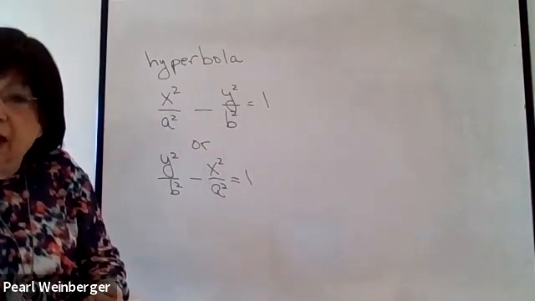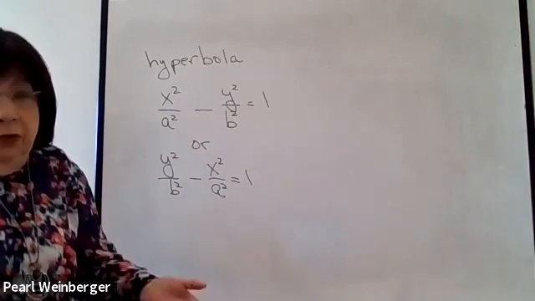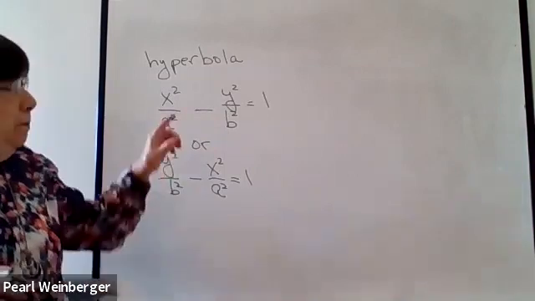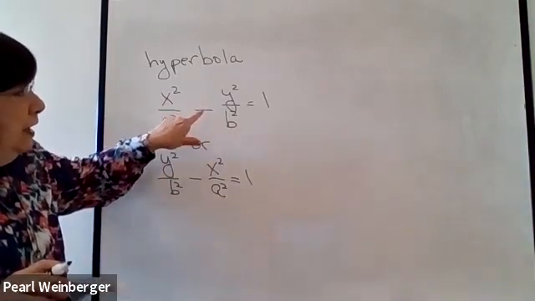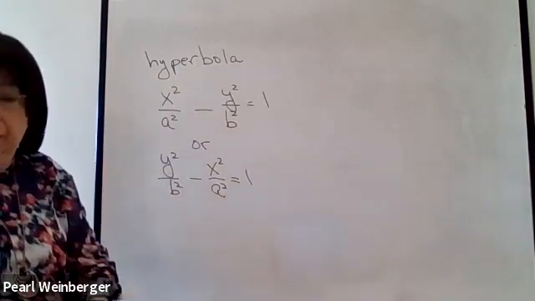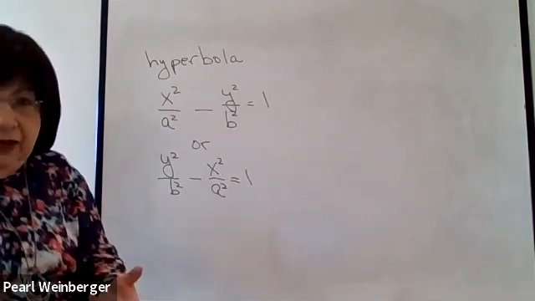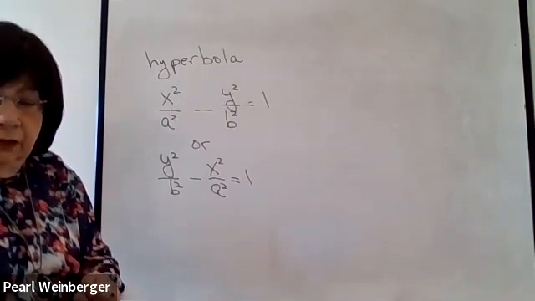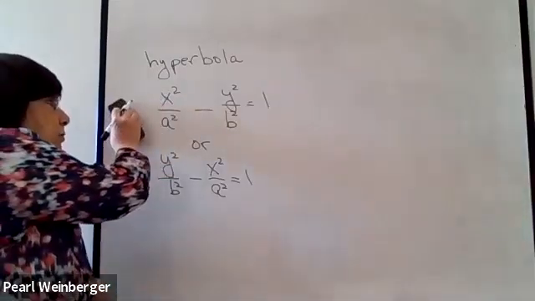But in a hyperbola, they could be the same number or they could be different numbers. Doesn't matter. The big thing with a hyperbola is the fact that you have a minus in between them. So let's see how this affects the look of the graph.